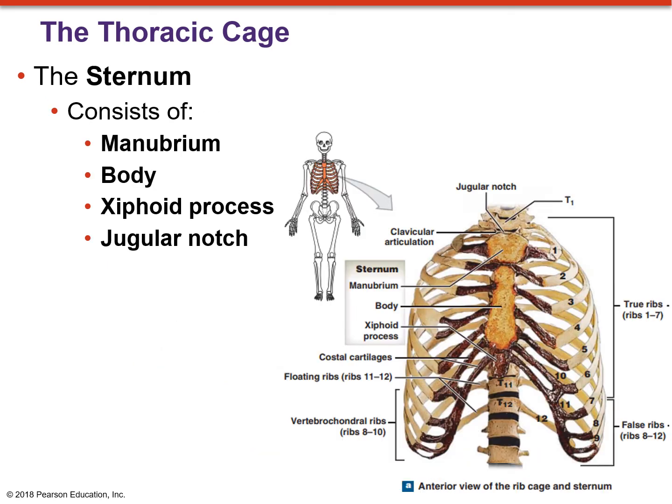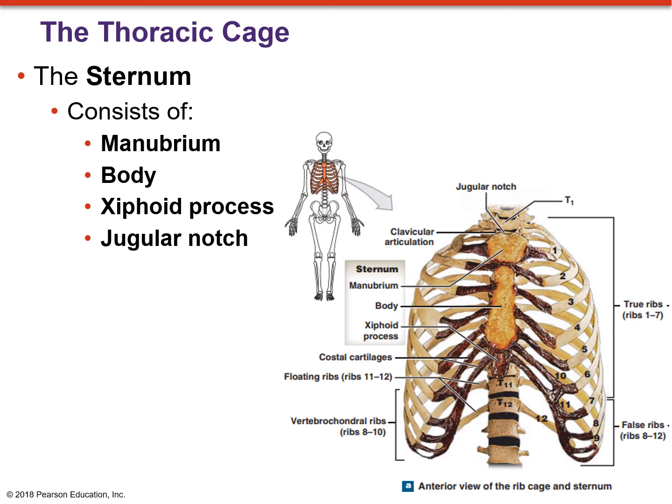And we have the sternum. In the adult, the sternum is a flat bone that forms in the anterior midline of the thoracic wall. The sternum has 3 components. You have the broad triangular manubrium.